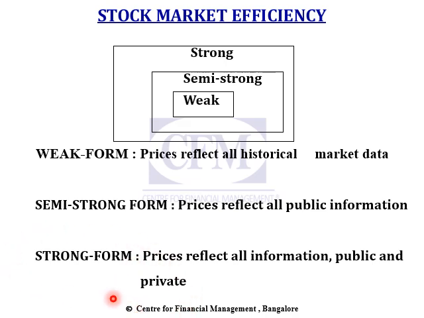This form of efficiency is unlikely to be true because we know that insiders often benefit at the expense of others. If we look at these three forms of efficiency, we find that strong form efficiency subsumes semi-strong form efficiency, which in turn subsumes weak form efficiency.